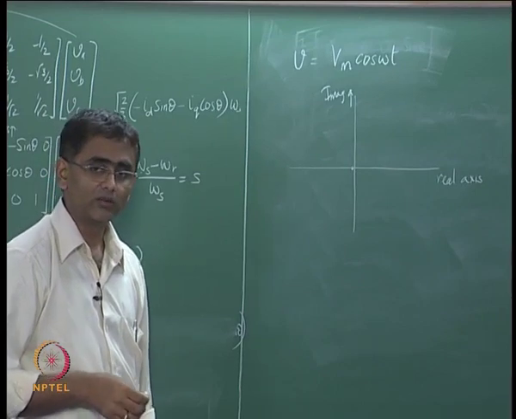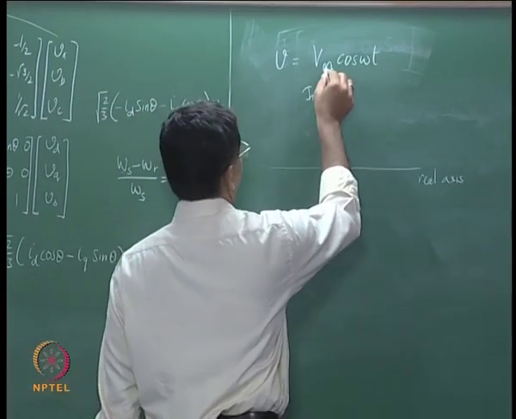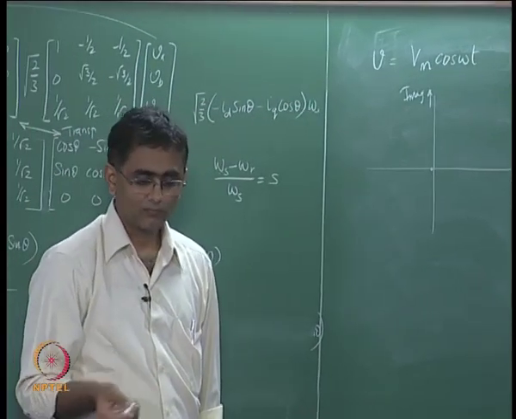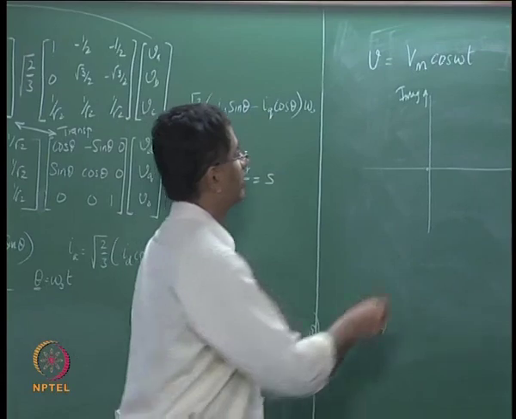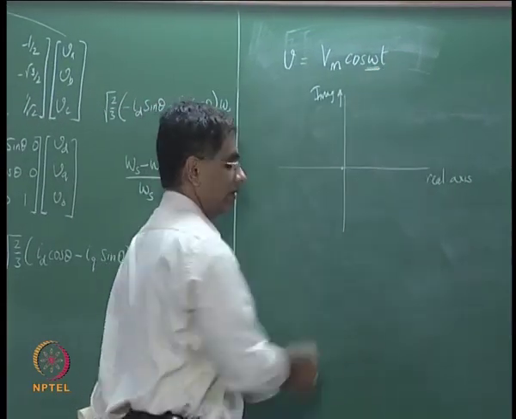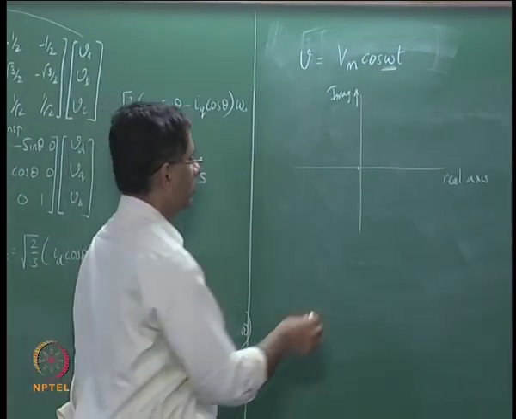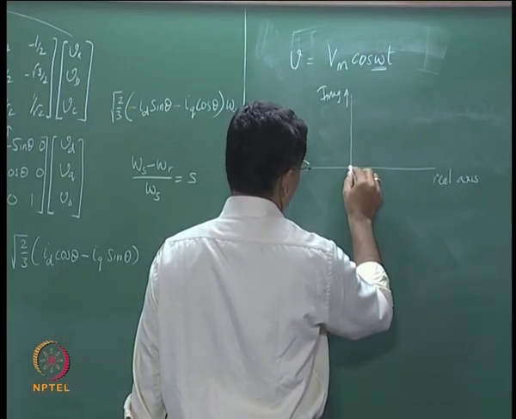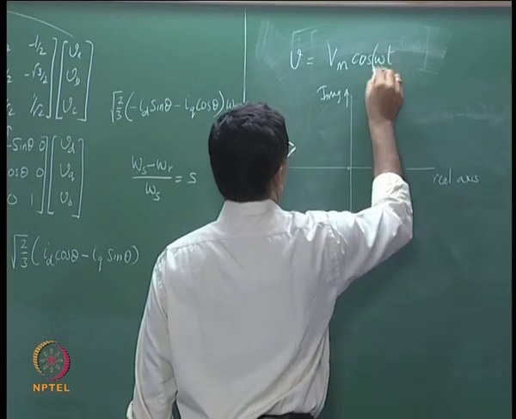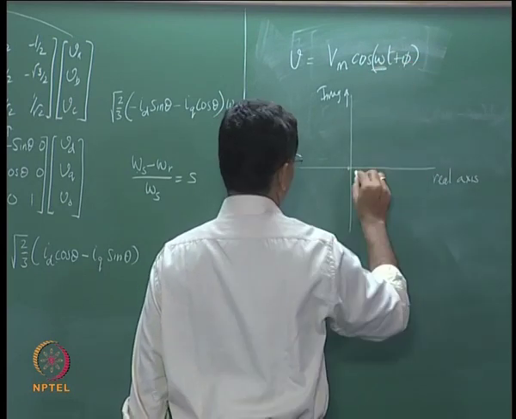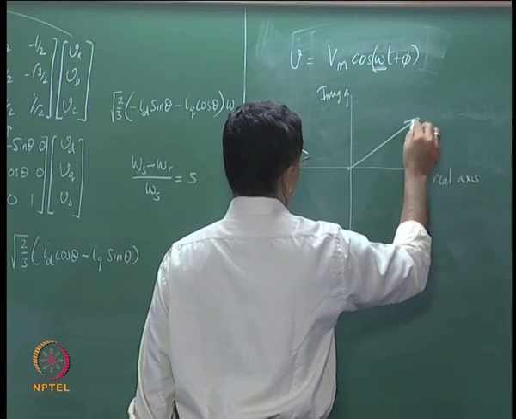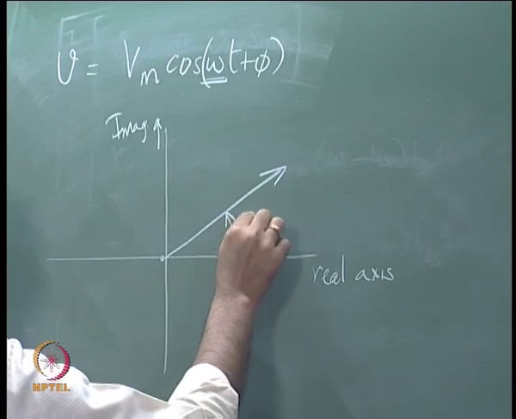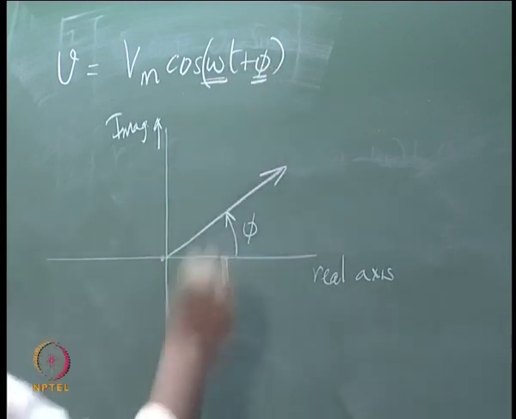The phasor is nothing but an arrow represented in the complex plane, and that arrow is assumed to rotate at the angular frequency mentioned here, omega. In general it is given as omega t plus phi. So now you can draw an arrow which is displaced from this axis by an angle of phi that is mentioned here.